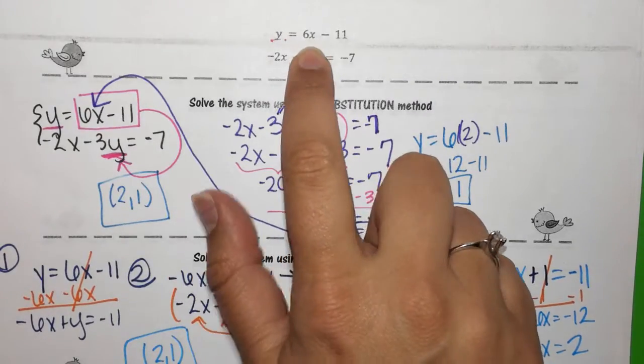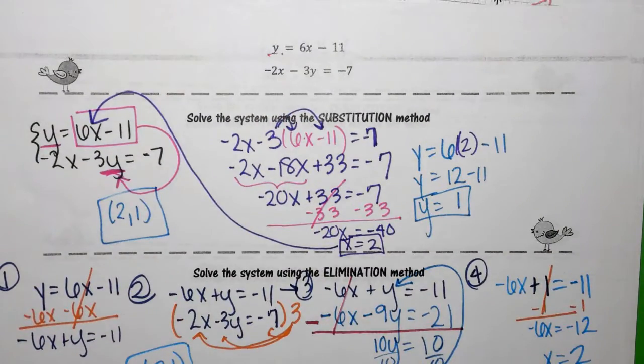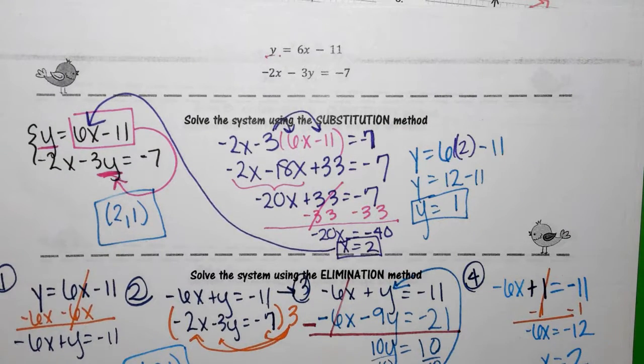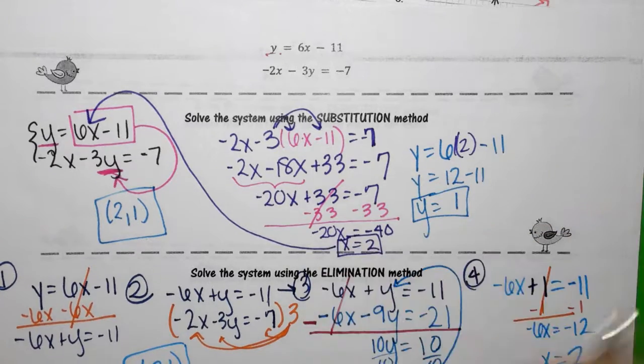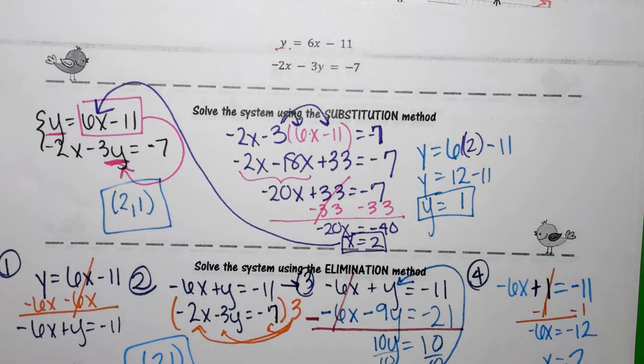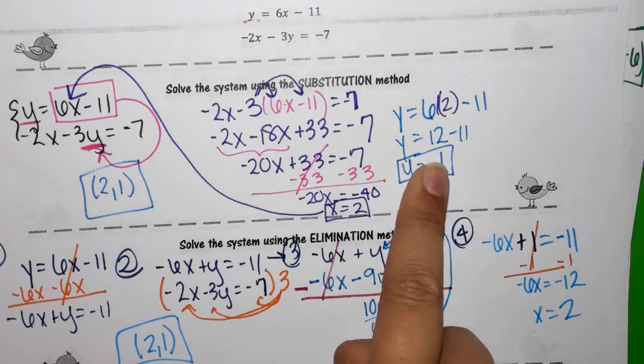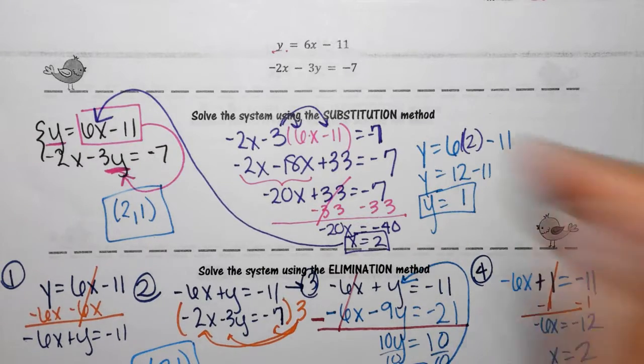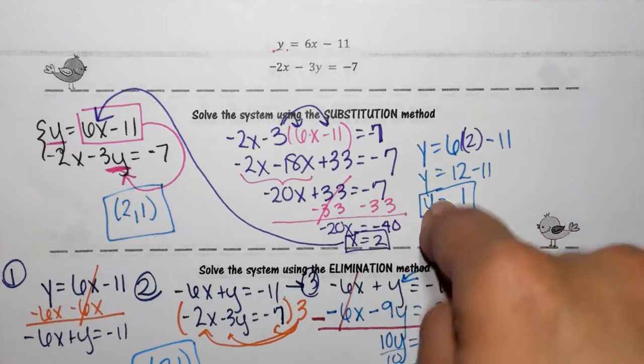On this one, which one was easier? Substitution. And why was it easier? Because y was already by itself, right? But I wanted to show you all 3 ways so that you can tell me why this method was easier. Now remember, y'all didn't like substitution, did you? But wasn't substitution easier this time around?